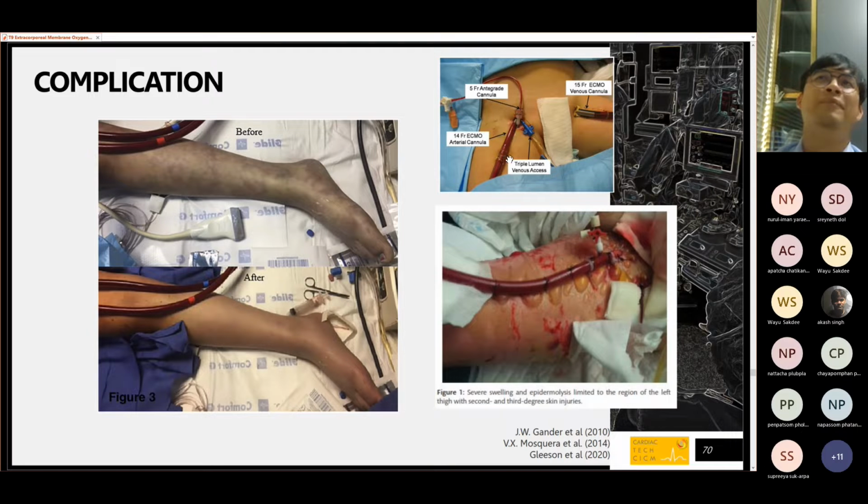If we observe well and we can put in another distal perfusion catheter, we can save the leg. So you can see this one is a successful distal perfusion support. The color is going to turn back to normal, almost normal.